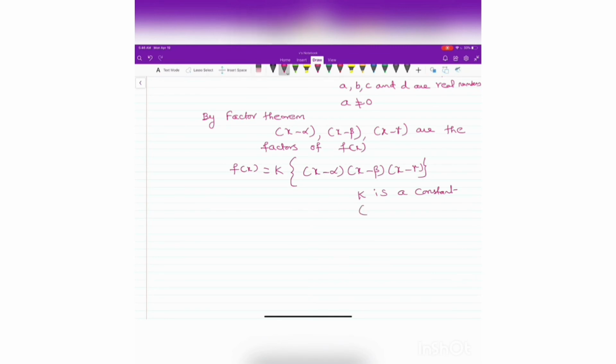Inside the bracket I will mention it for you: k is any non-zero real number.